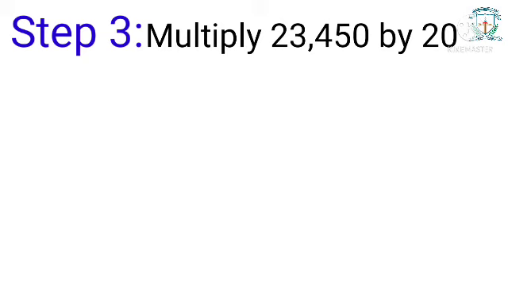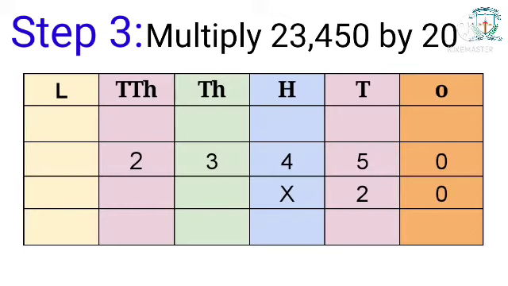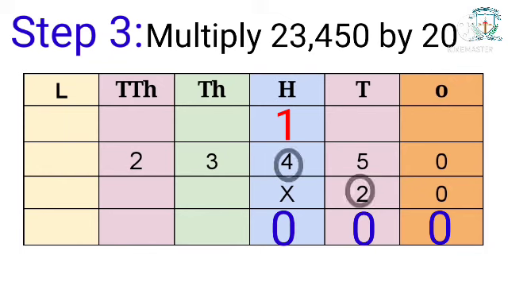Step 3. Multiply 23,450 by 20. Since we are multiplying by the number which is there in tens column, we write 0 in ones column. Now let us start the multiplication. 2 zeros are 0. Write 0 in tens column. 2 fives are 10. Write 0 in hundreds column and 1 as a carry forward to thousands column. 2 fours are 8. 8 plus 1 is 9.